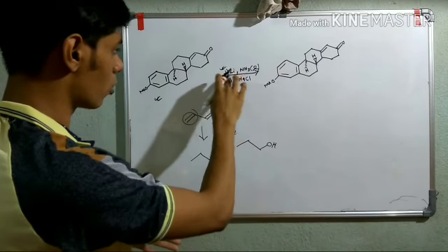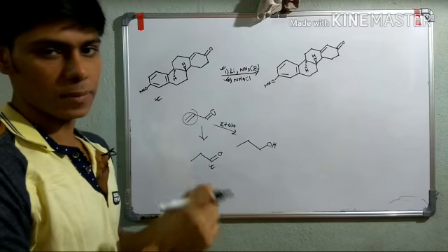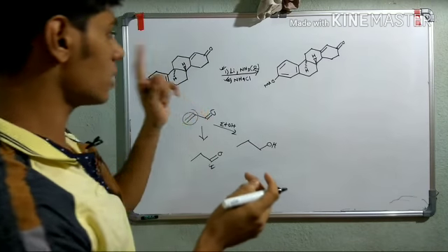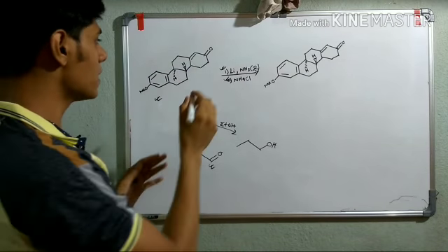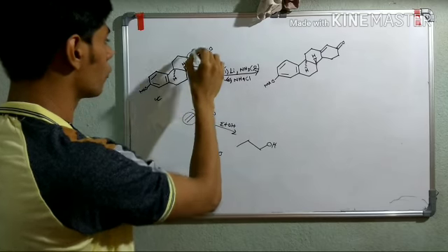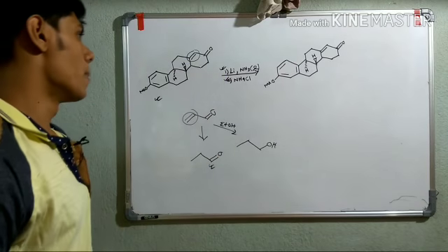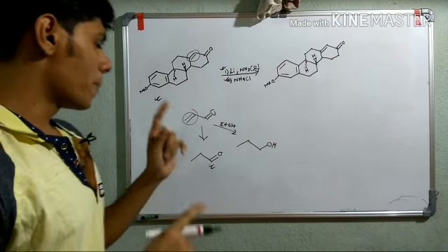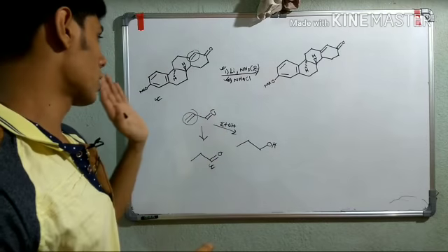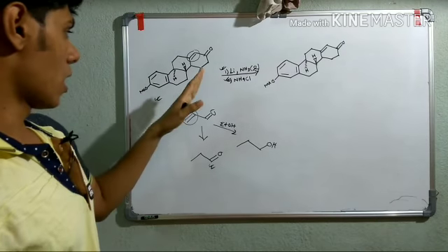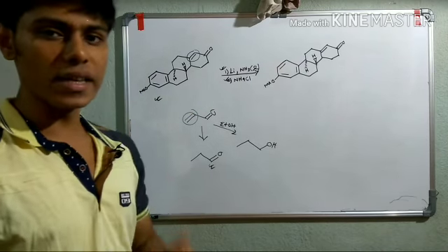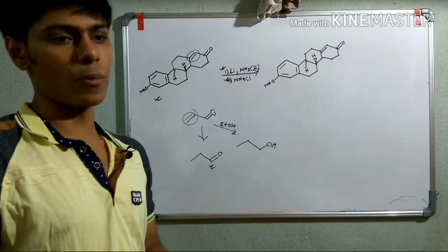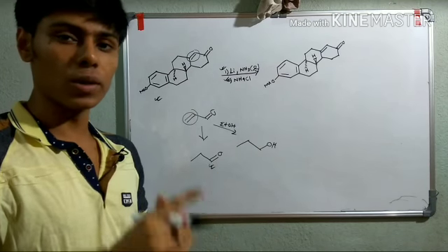Now in this case you can see only lithium and liquid ammonia is given, no ethanol is there. So that means only this double bond will be reduced. The basic concept behind this problem is that the reduction of the benzene ring is slower in only lithium and liquid ammonia.